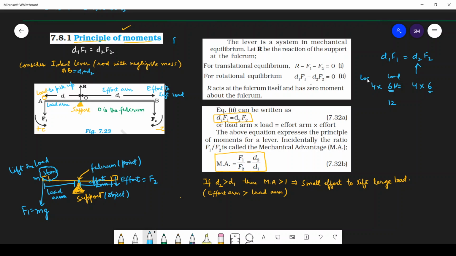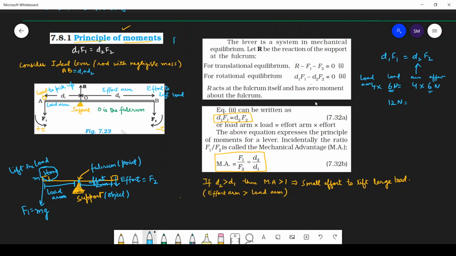This is your load arm, and this is the effort that you are putting in, and this is your effort arm. Both the kids are sitting on both sides with equal masses, so it will remain in the middle. Now the load is 12 Newton.